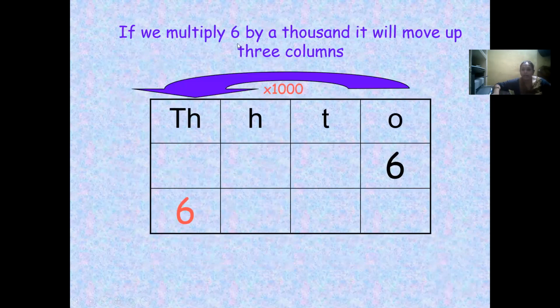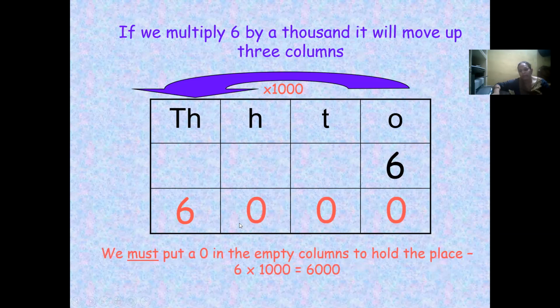If we multiply 6 by 1000, it will move up 3 columns. See, 6 is at one's place. When you multiply it by 1000, it will simply move on to the thousands place, and the empty columns are replaced by 0.